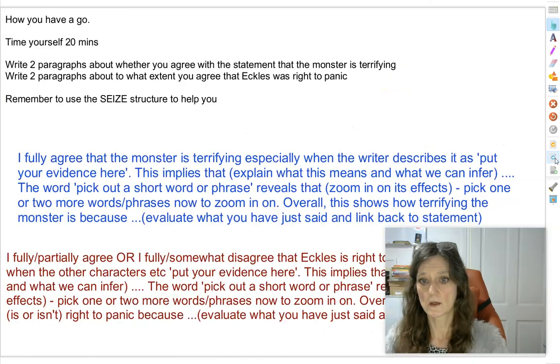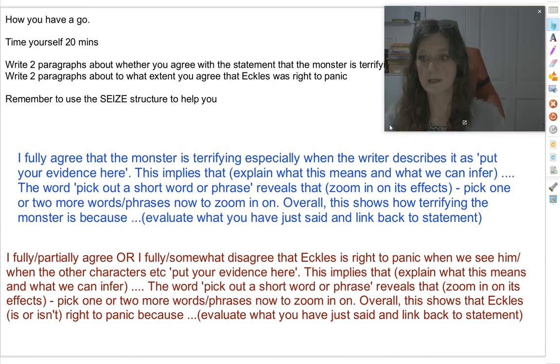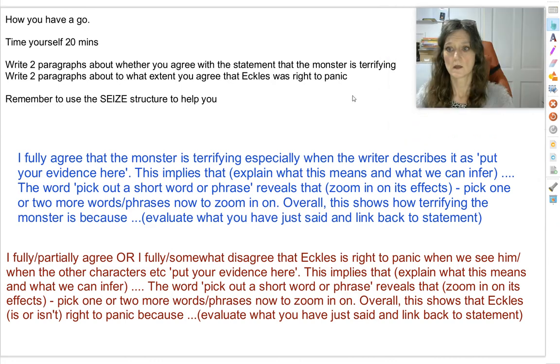So what I want you guys to do for me, please, is to have a go at writing an answer to this question. Time yourself for 20 minutes. I want you to have a go at writing two fresh C paragraphs about whether you agree that the monster is terrifying. Then write two paragraphs about to what extent you agree that Eccles was right to panic.